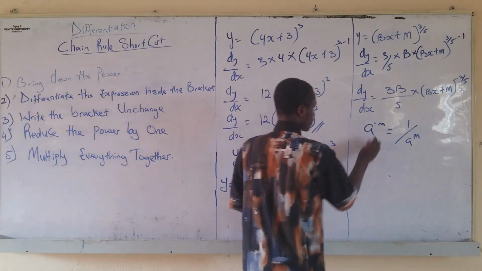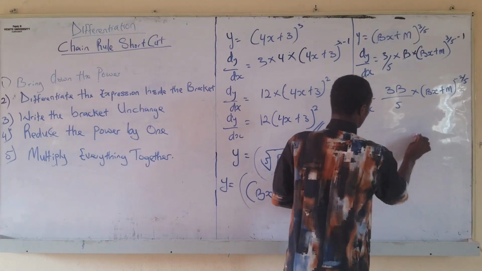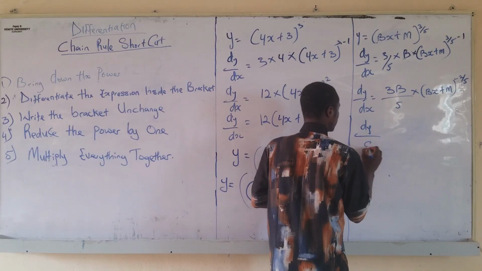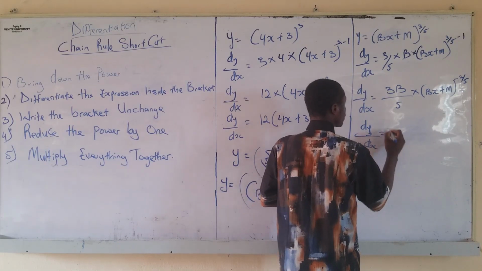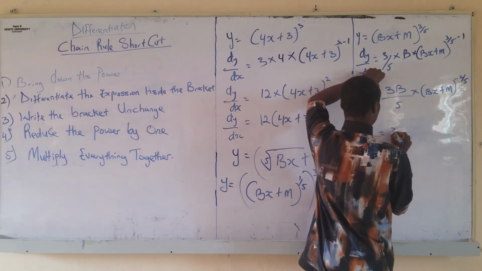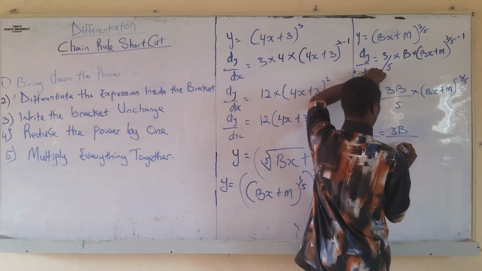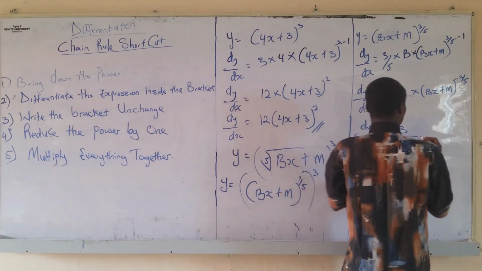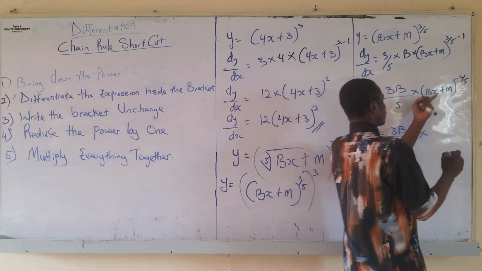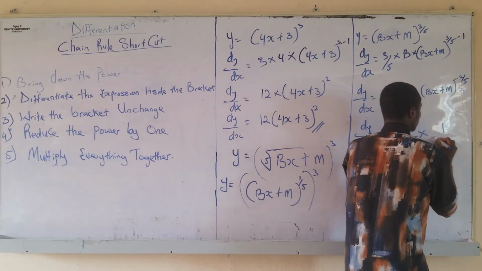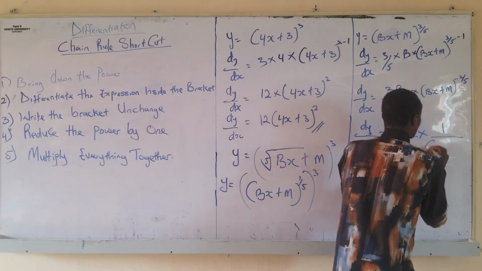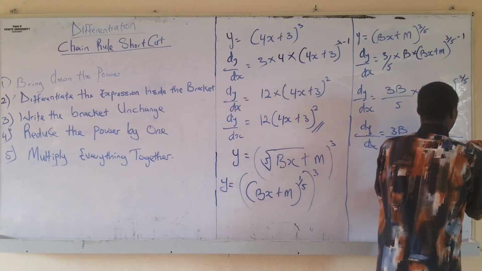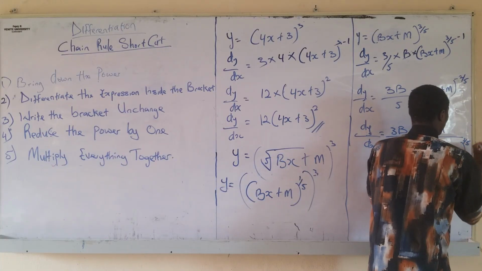Then dy over dx is equal to 3b over 5 times 1 over (bx + n) raised to power 2 over 5.